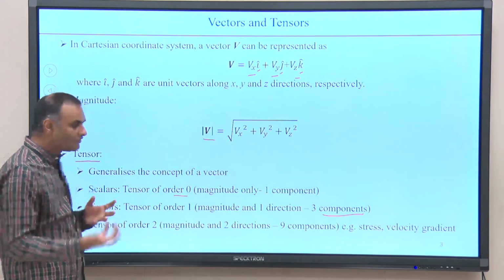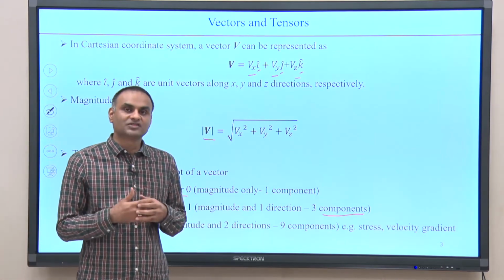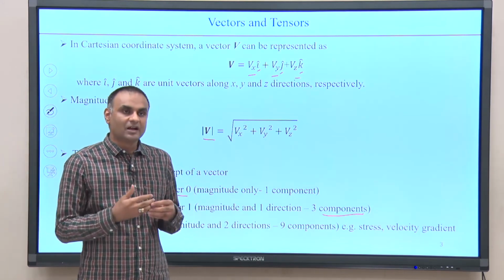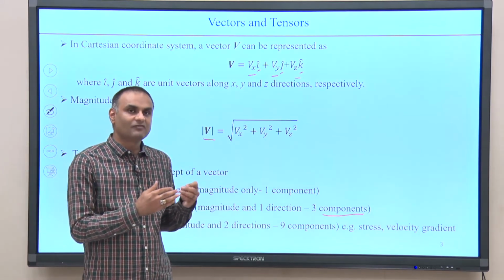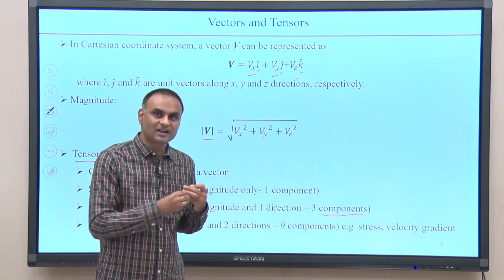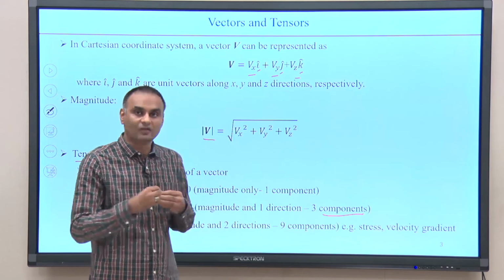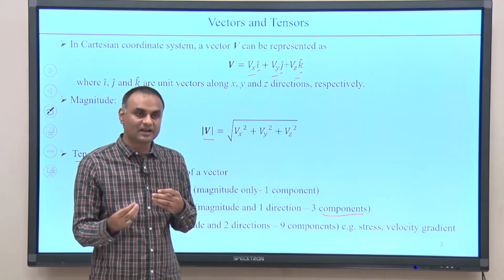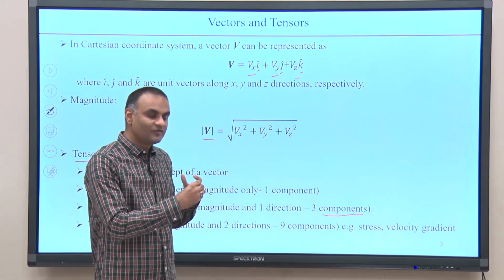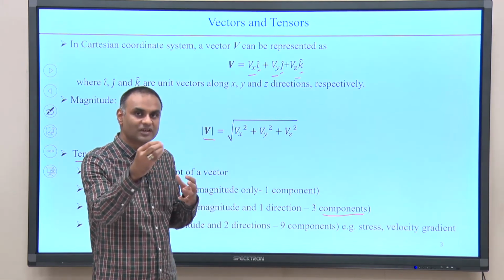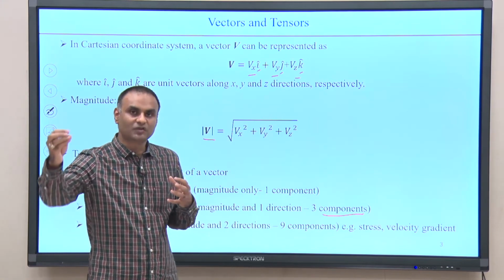Similarly, when we talk about velocity gradient, velocity will have 3 components, v x, v y, v z, and each can have variations along x direction, along y direction, along z direction. So, for v x we have the components del v x over del x, del v x over del y, del v x over del z.